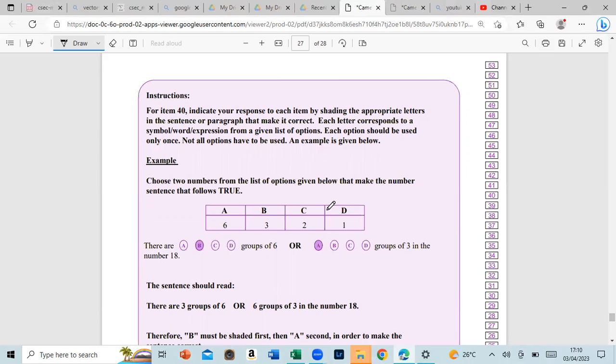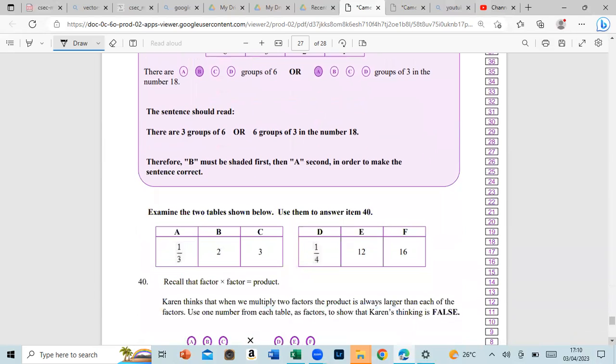And they choose B. There are B, 3 groups of 6, or A, 6 groups of 3 in the number 8. This sentence will read, there are 3 groups of 6 or 6 groups of 3 in the number 8. All right, so there's an example. Right, look at the real thing now.